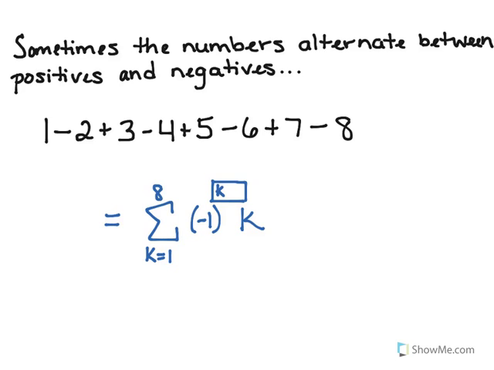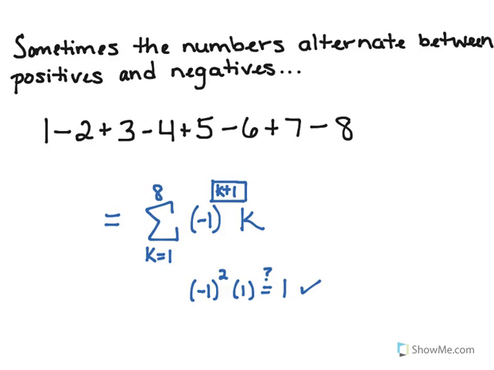So if I try maybe adding on 1 to this, maybe I'll get the exponent I need. So now I'm going to plug in k equals 1 to this expression, and that's going to give me -1 to the second power times 1. Is that equal to +1? And sure enough, it is.